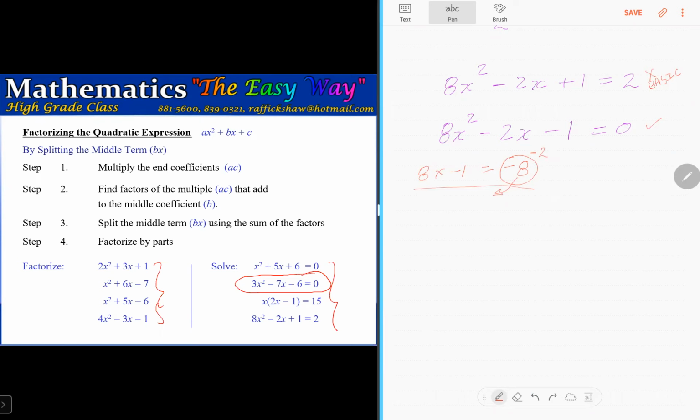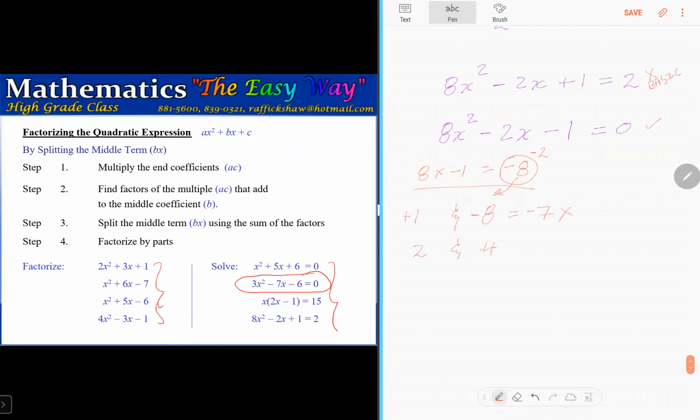All right. If you don't see those two factors right away, you go down the list of factors. The first two factors of 8 are 1 and 8. Give the larger one the negative sign, the small one the positive sign. The problem is that 1 minus 8 is negative 7. We don't want negative 7, so that's not what we want. So go to the next two factors of 8, which are 2 and 4.